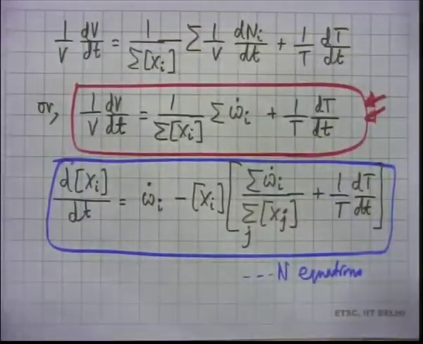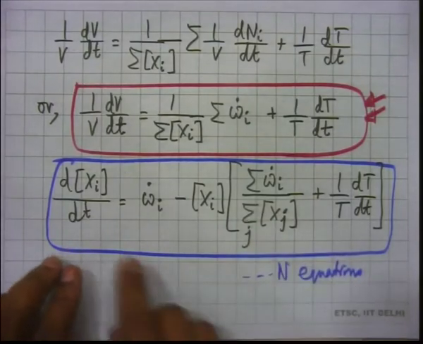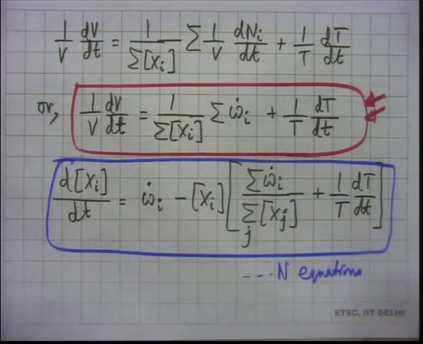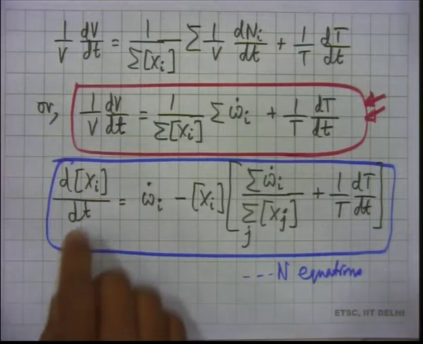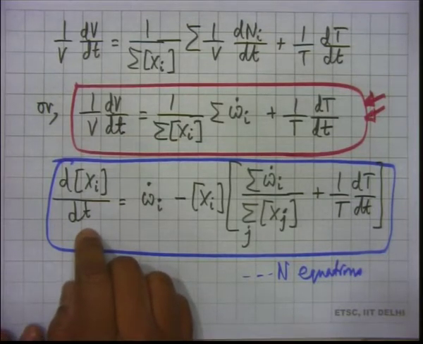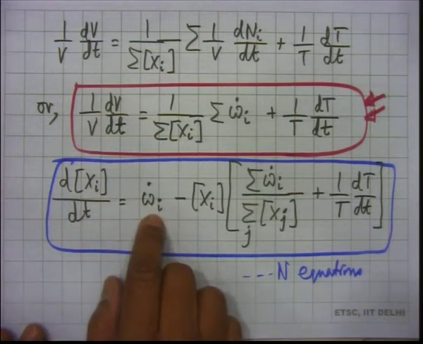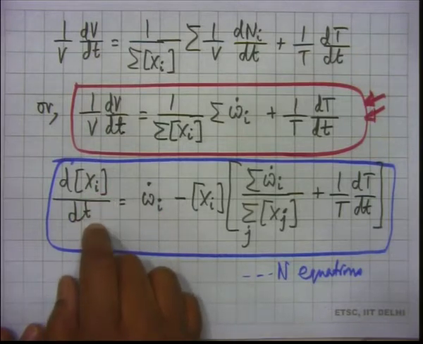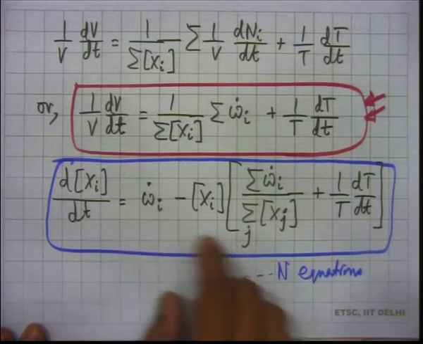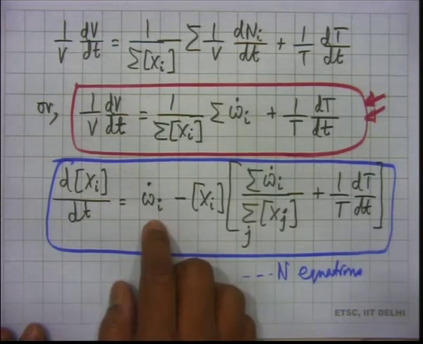Now, let us do a similar kind of analysis for this dxi dt equation. It tells you that the rate of evolution of the species concentration will depend on the reaction rate, definitely. Anybody will tell you that the rate of change of concentration of the ith species will of course depend on the reaction rate for the ith species.